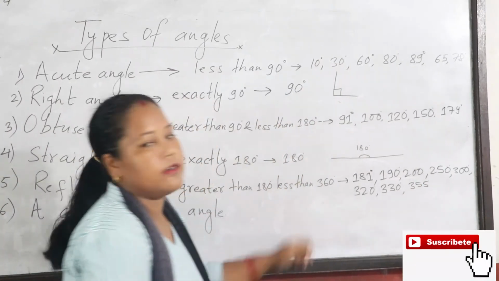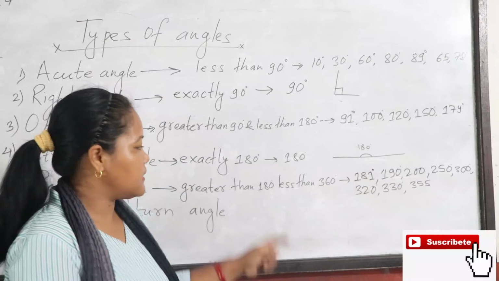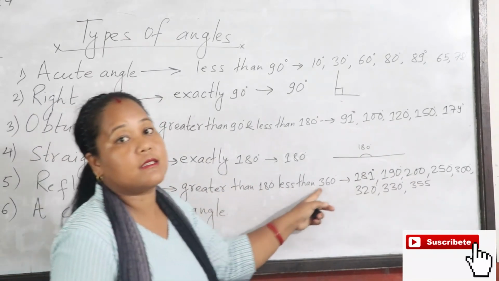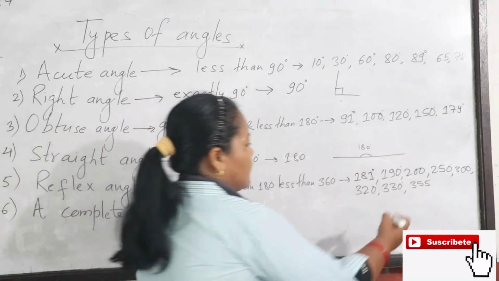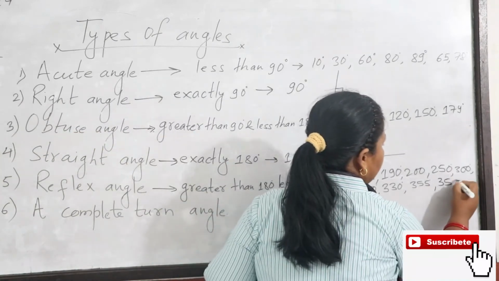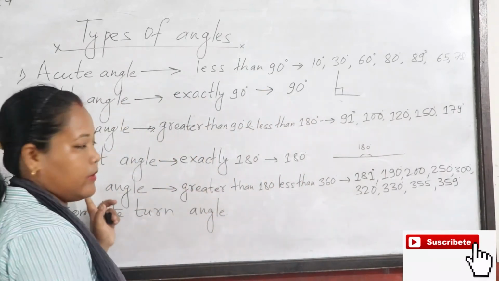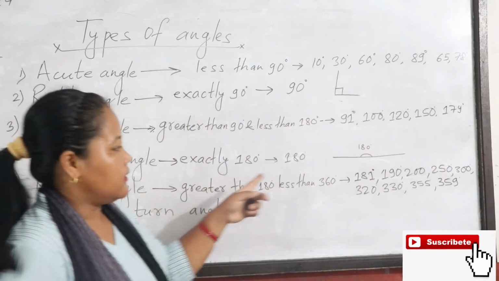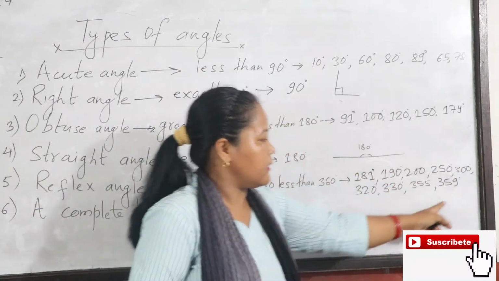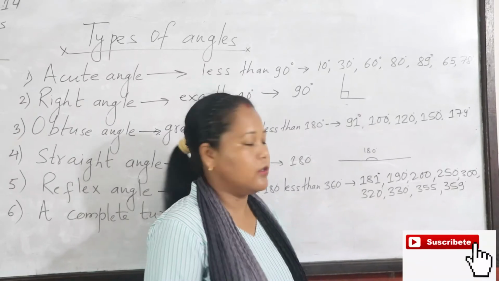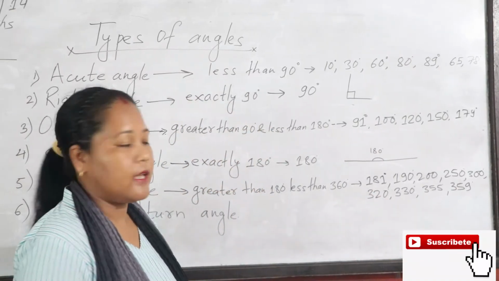Can we write here 360 degree? No. Reflex angle says whose measurement is greater than 180 and less than 360 degrees. So they are the reflex angle.